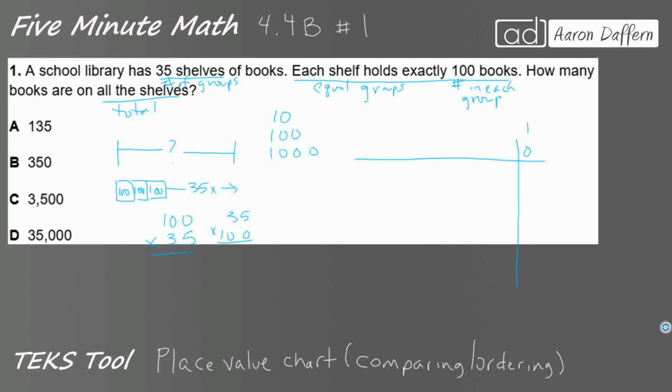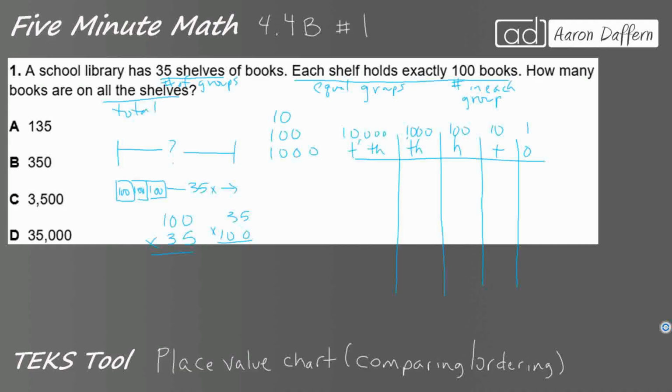And I can put a value right there. That's my 10. I can put my 100. And then if I want to, I can build my 1000. And then beyond that, I can say 10,000. It gets a little bit too big for that, but I don't think we'll need to get that far.